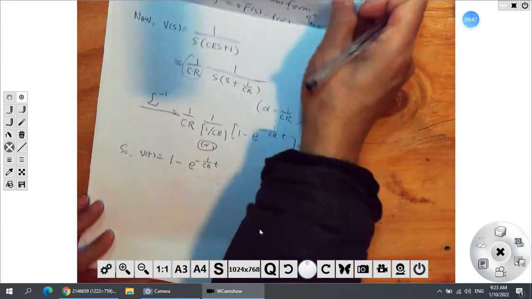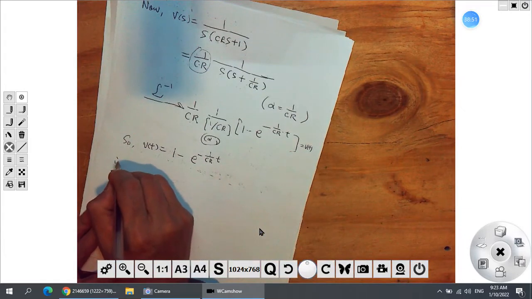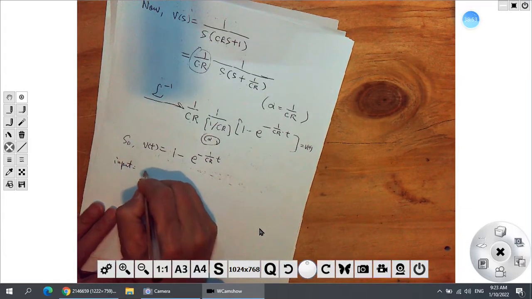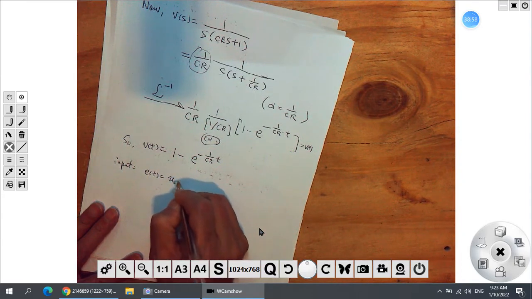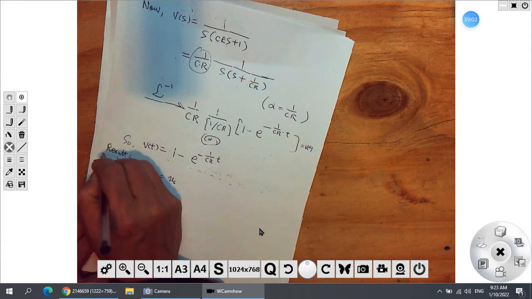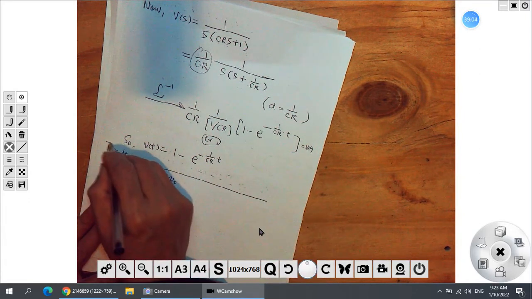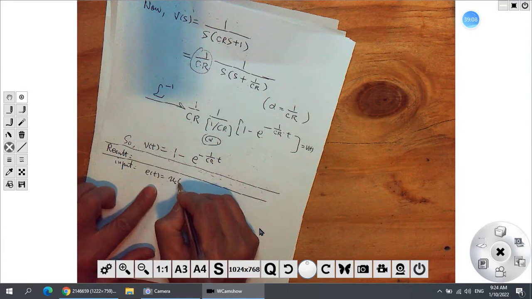I can give a graph to show the relation. Input is a unit step, and this is the result. Input is u of t, unit step.